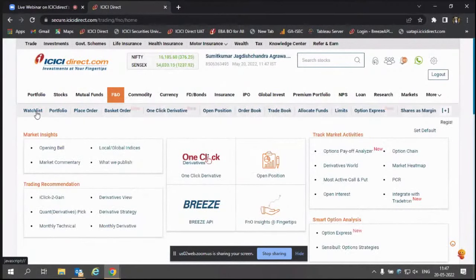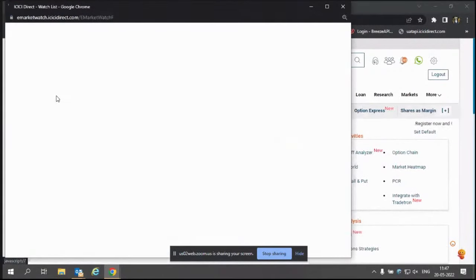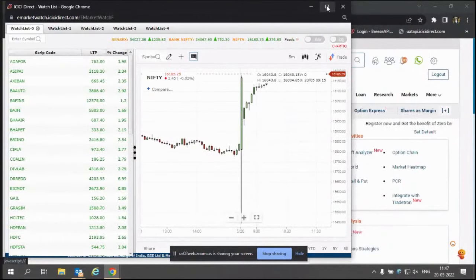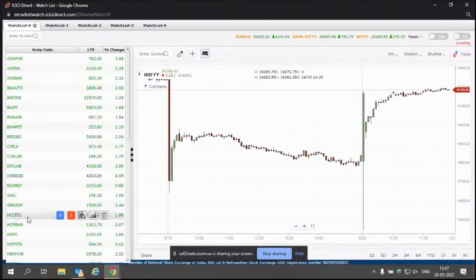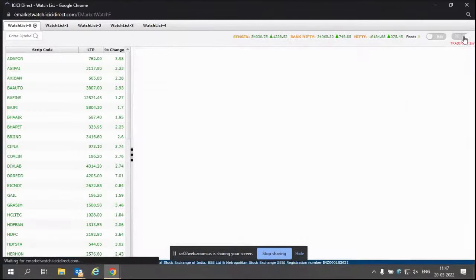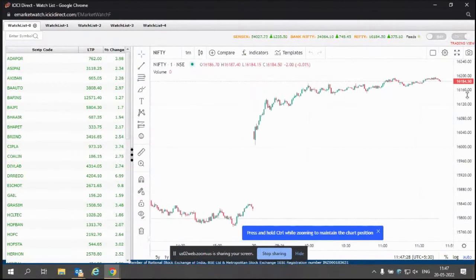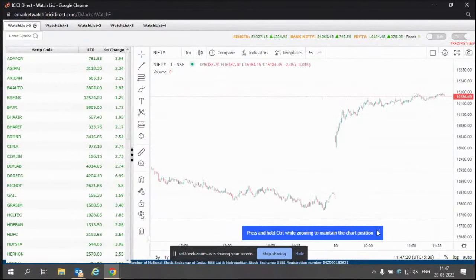You can click on the watch list, and once you are in the watch list, all you can see is the charts here, and the watch list here, which is already pre-filled for you. Then on the top right corner, you have this ChartIQ available as a default. You can click here to switch it to TradingView, and directly you are there on the charts. So I think that answers the question.